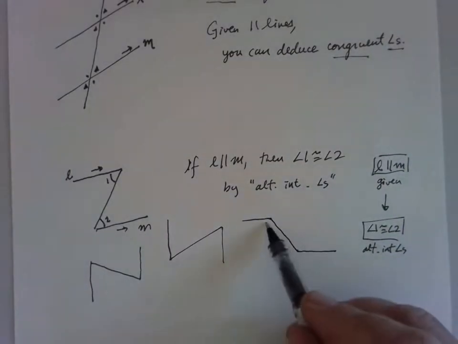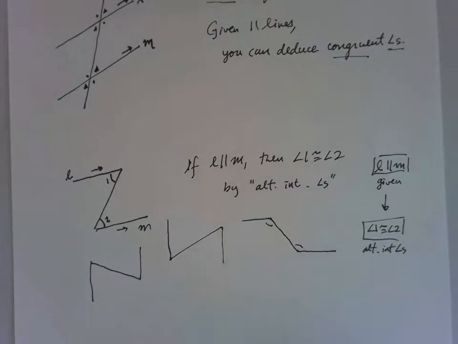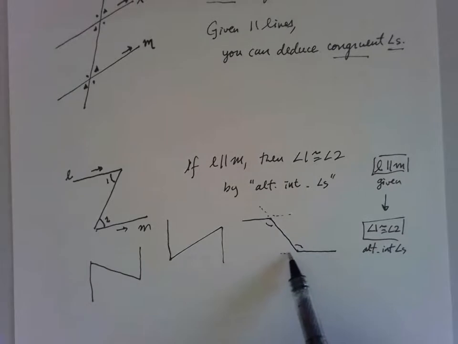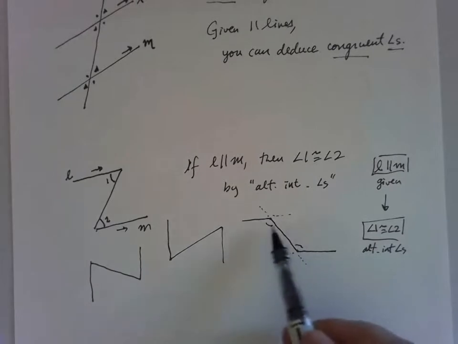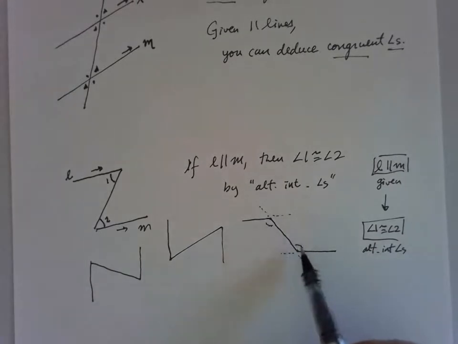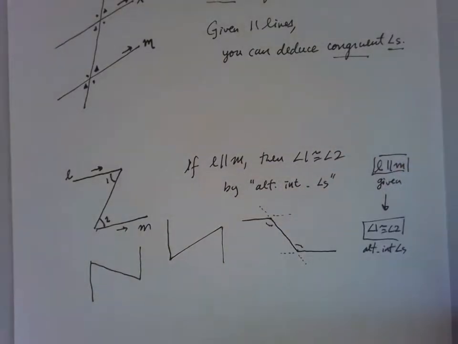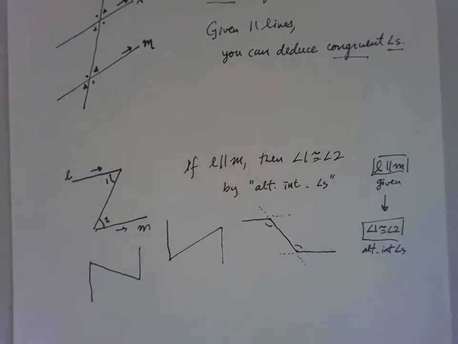These here would be alternate interior angles, because if you complete the picture, if I imagine these lines continuing, you can see now they are interior angles and they're on different sides of this transversal coming down here. So this Z shape or N shape is very common when you're doing triangle congruence proofs.